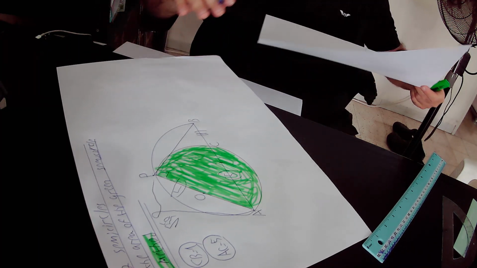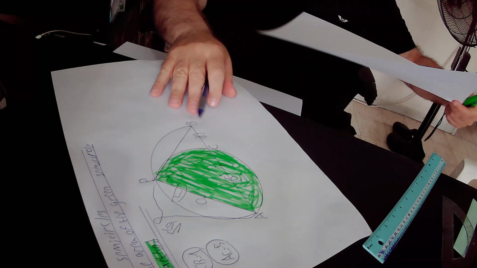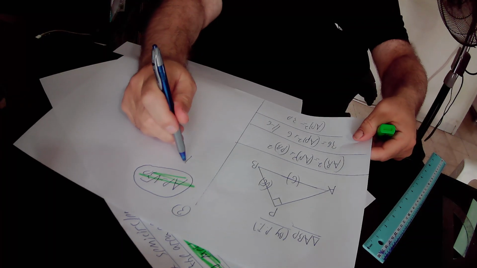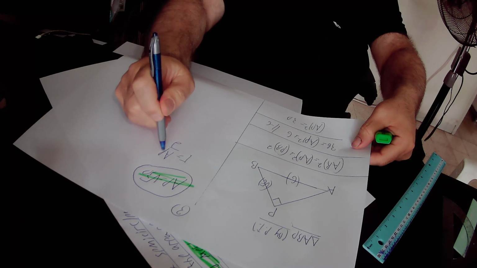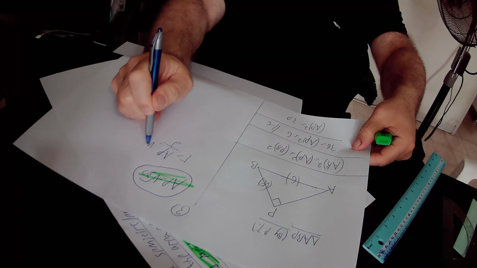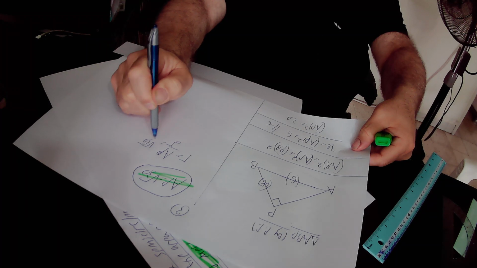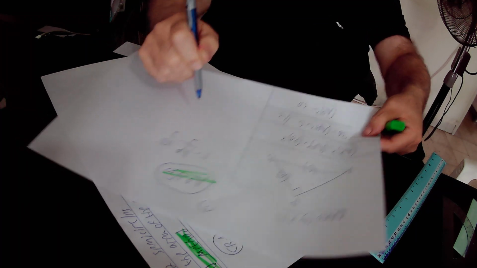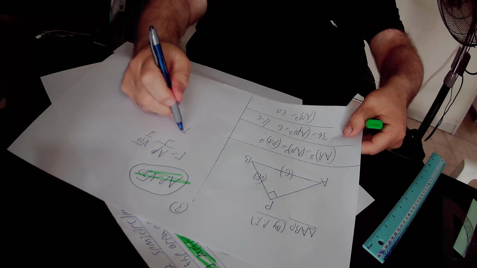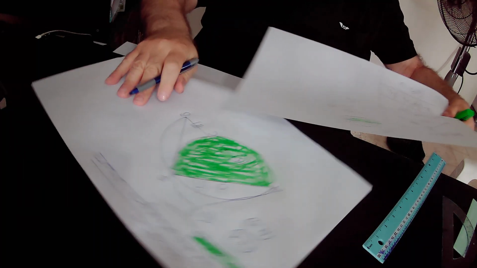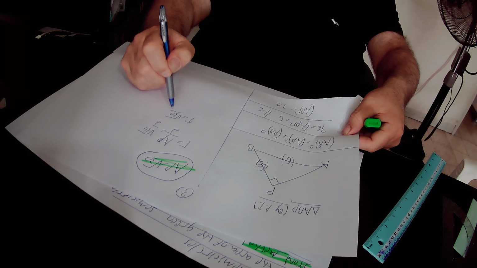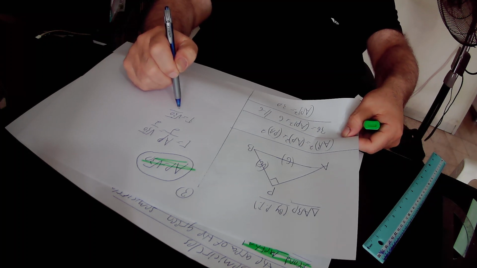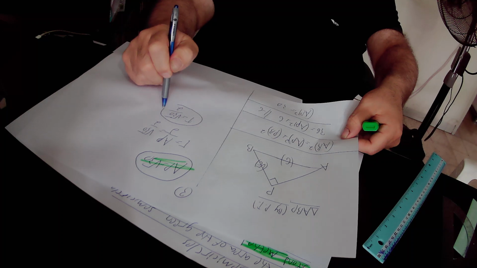So write it down. The radius R of this green semicircle equals the diameter AP over 2. The diameter AP equals the square root of 30, and so the square root of 30 over 2 is the radius of this green semicircle. So the radius R equals the square root of 30 over 2 units in length.